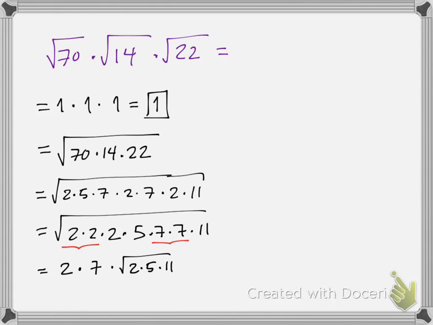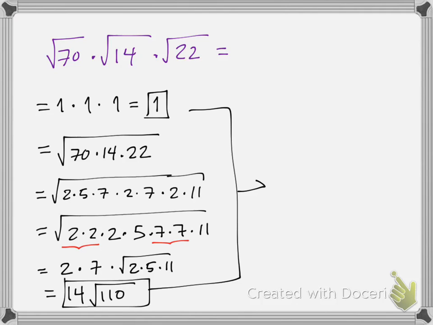So, what is the answer of that? 2 times 7, 14, times the square root of 2 times 5 is 10, times 11 is 110. But that's not the answer, of course. The final answer is to multiply these two. Remember, 1 times 14 times the square root of 110.